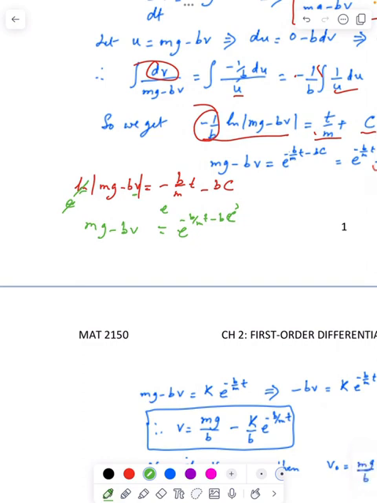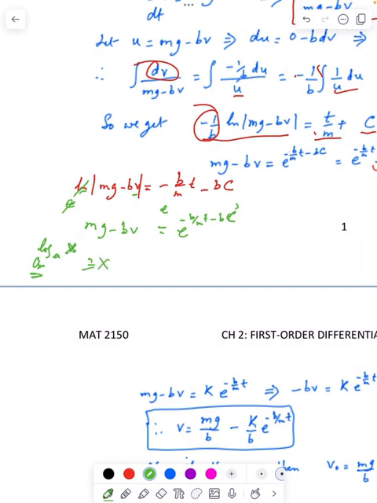So why can we say that the ln and e cancel each other? Because there is a law of logarithms that if you have a raised to the power log base a of x, so if you have a number raised to the power log to the same base as the base you have here, then this quantity is equal to whatever is in front of the log term.